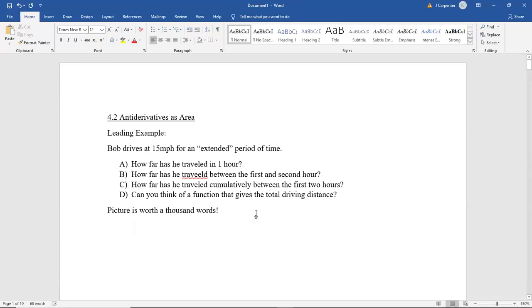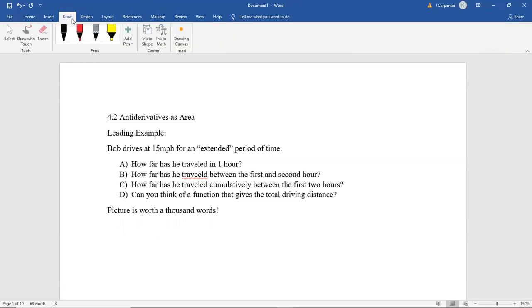All right, so Bob drives 15 miles an hour for an extended period of time. I don't think that a lot of people at this level are going to have a hard time figuring out that if you're driving 15 miles per hour, you're going to go 15 miles in 1 hour. Oh, I didn't fix my typo. Also give you a few minutes to write all that.